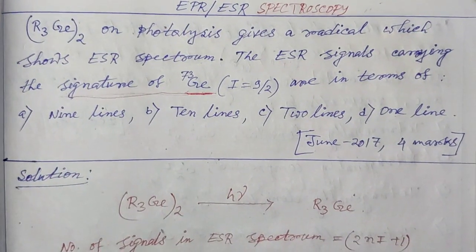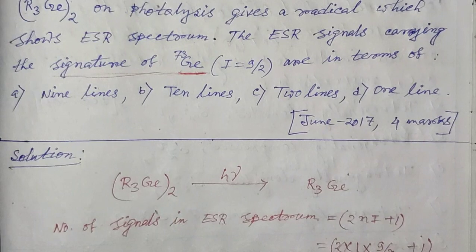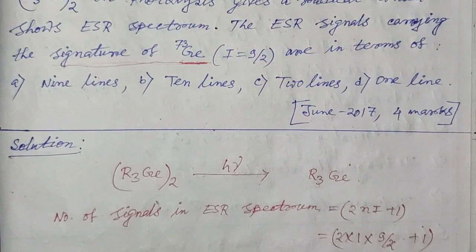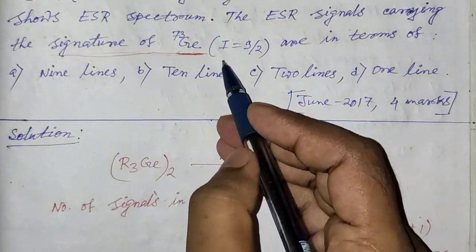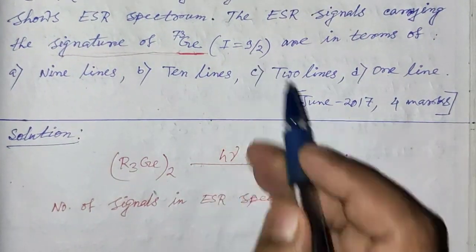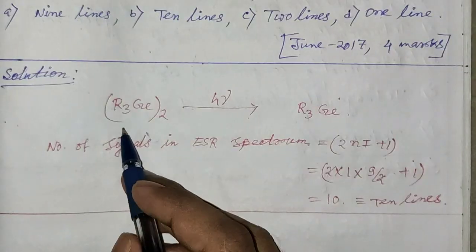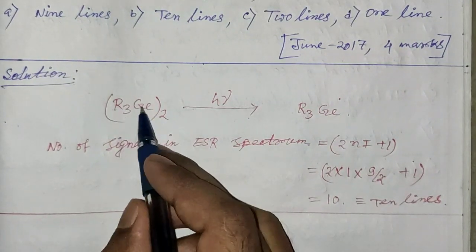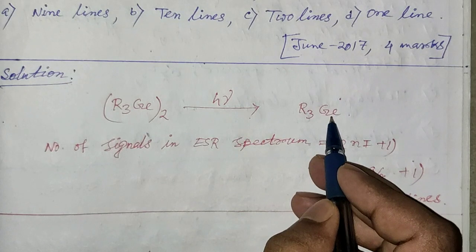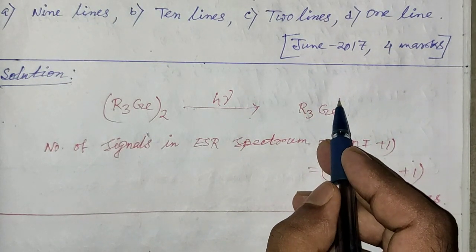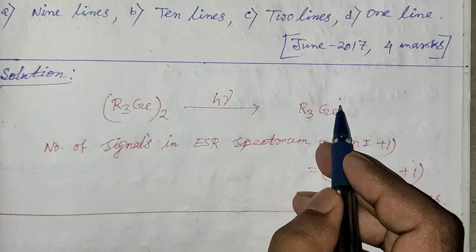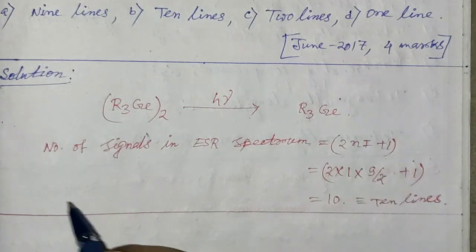That means we have to calculate the number of lines that appear in the ESR spectrum for germanium 73, for which I is equal to 9/2. From the question, when it undergoes photolysis, it will generate a radical, and since this is a radical, it will show EPR spectrum.